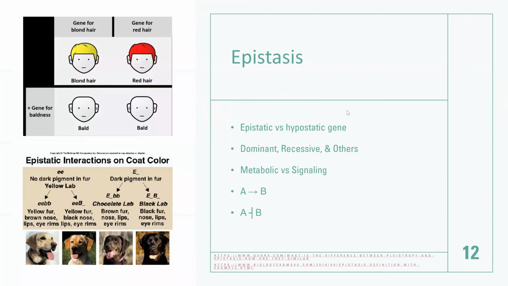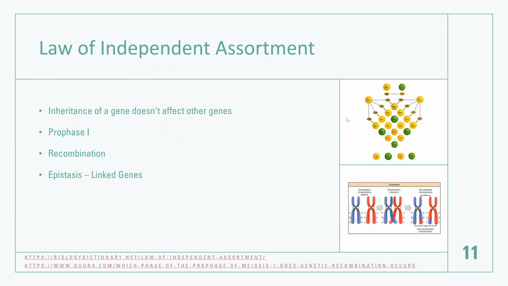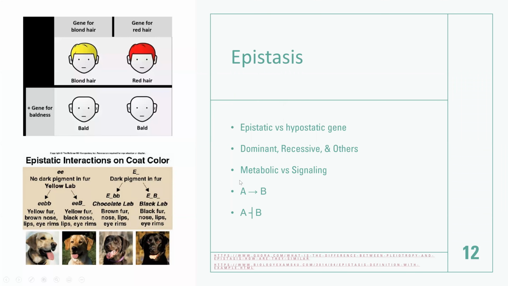So when, let's say, we go to this slide, for the coat color of the Labrador, which is a metabolic process because you are building up the chemical or compound needed to create the pigment in this dog. Every gene activates the gene after it.